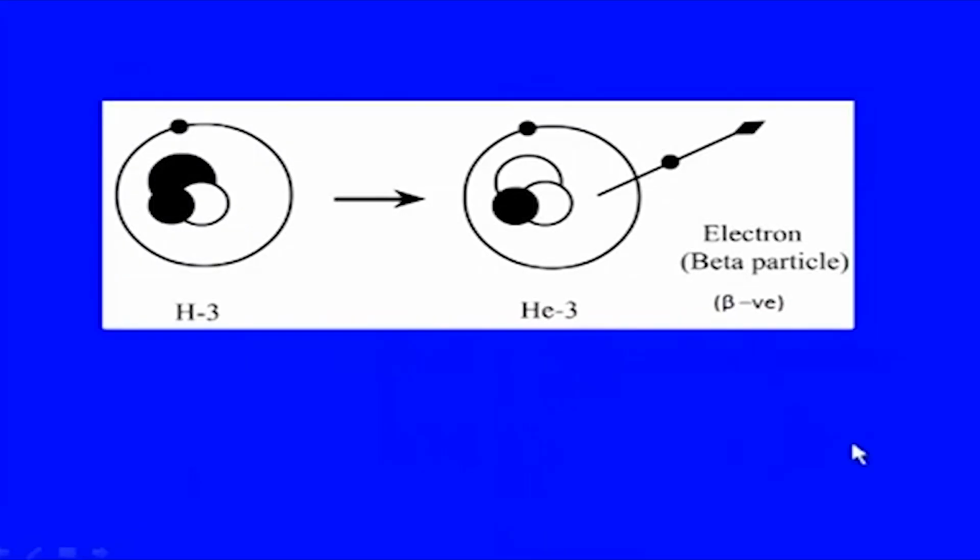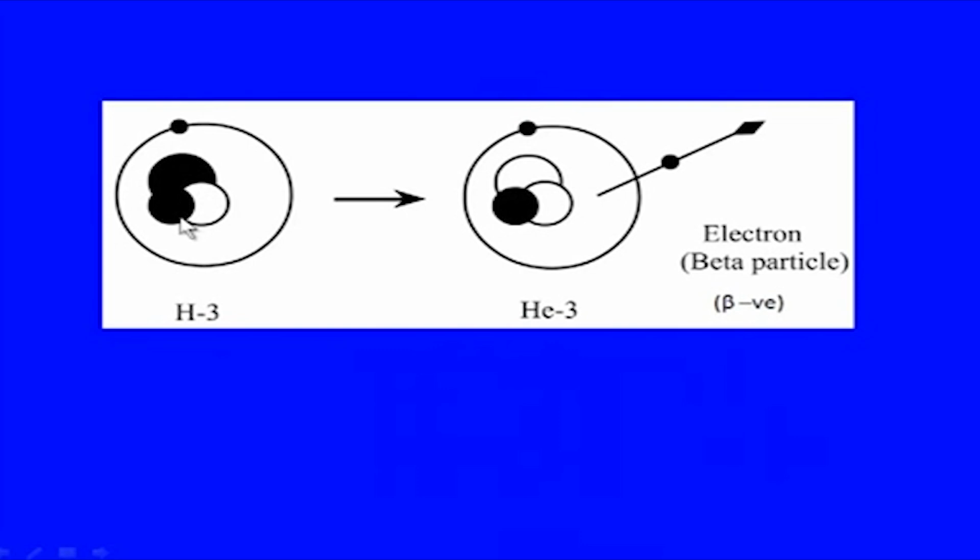Now, radioisotopes emitting beta particles are frequently used in biological work. A few examples are 32P, carbon 14, 3H and 35S, which are beta emitters, and there could be many more examples. This is a figure which shows beta emission.